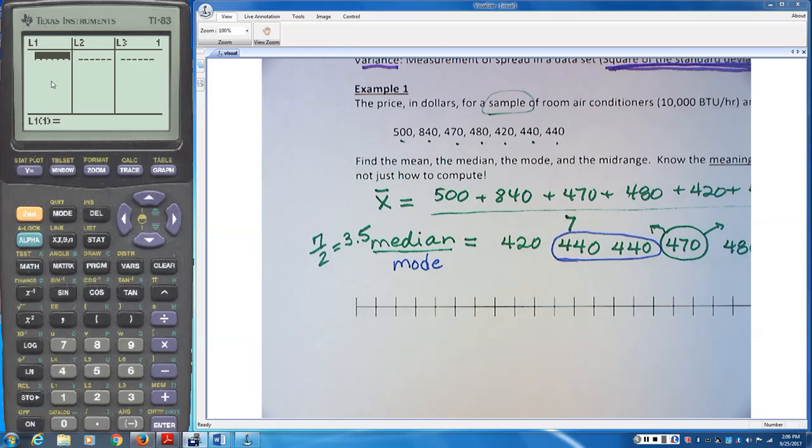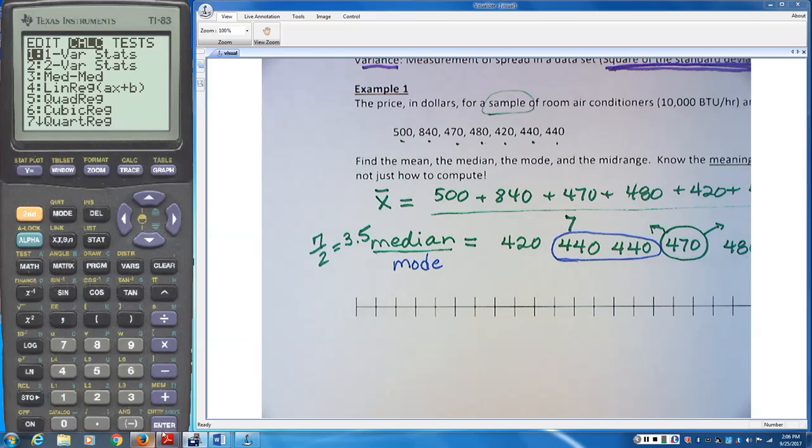That's the safest way. So we're going to enter in those data values: 500, 840, 470, 480, 420, 440, 440. And then I'm going to go Stat, right arrow to Calc, choose one variable, Statistics.